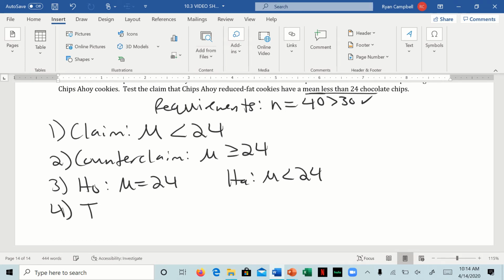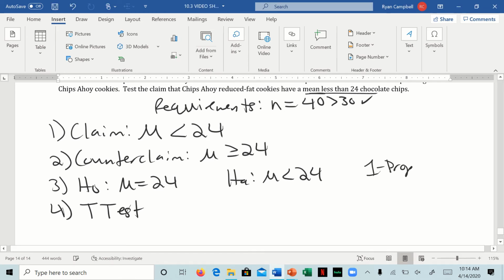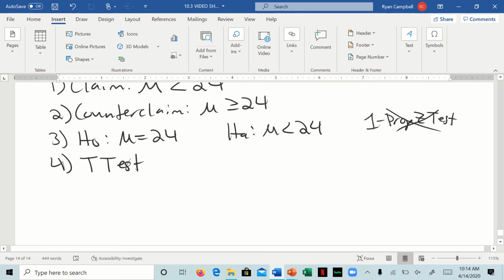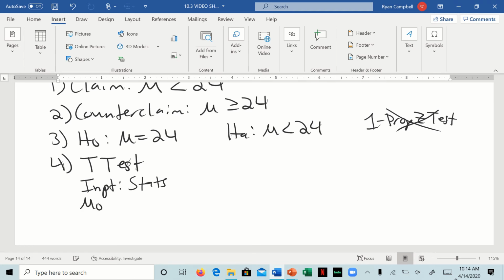Step 4, we're going to use our t-test because we have a mean. If we were using a proportion, of course, we would be using 1-prop z-test. We don't have a proportion, we have a mean, so we're going to use our t-test. Our input, they gave us stats, so we're going to use stats. Mu naught comes from H naught, so that's 24. X bar and Sx.